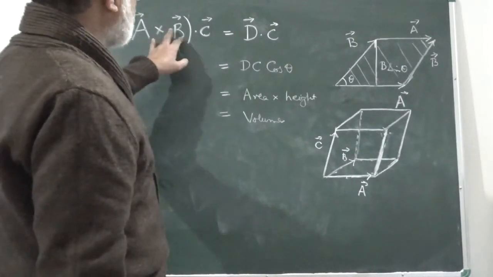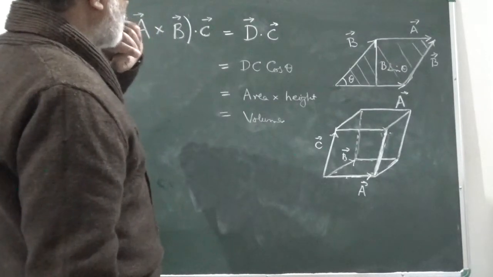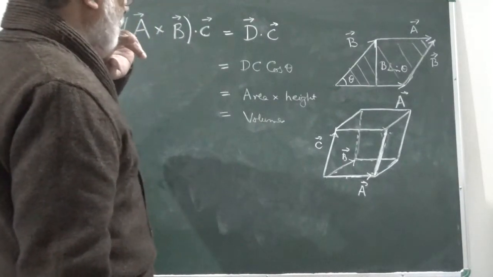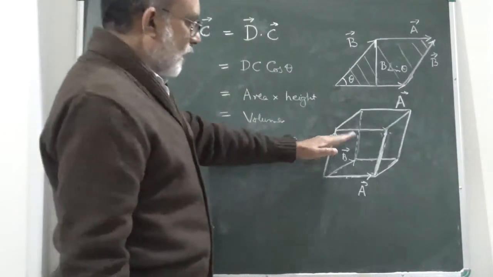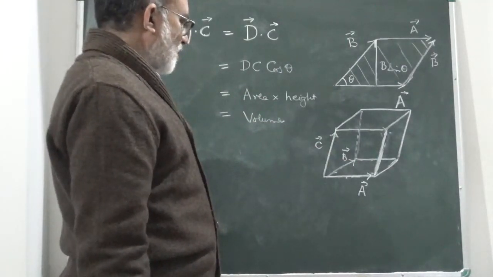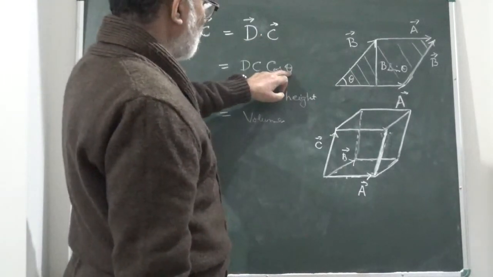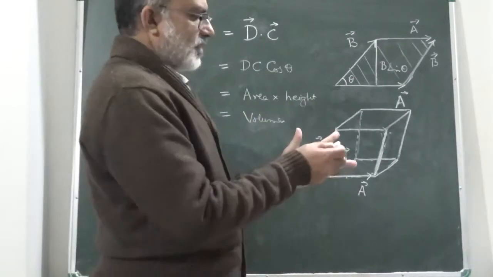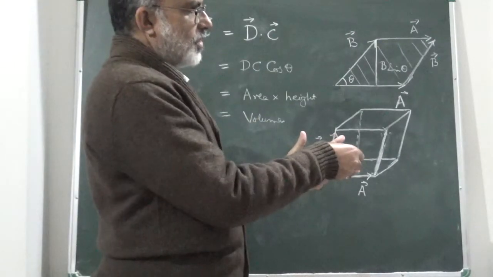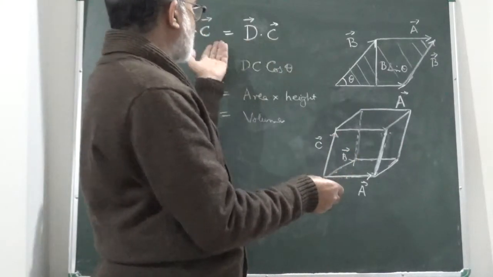The volume of the parallelepiped made by the three vectors is A cross B dot C. If A cross B dot C is 0, it means the volume is 0. If D dot C is 90 degrees, it means that C is coplanar with the vectors A and B. If it's coplanar, then this volume will be 0.